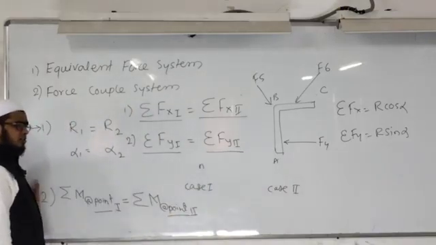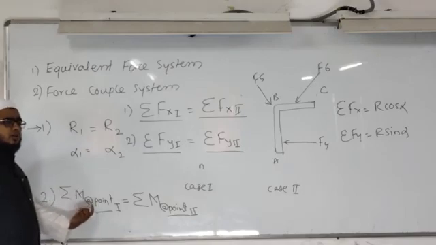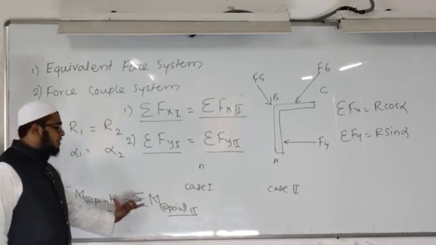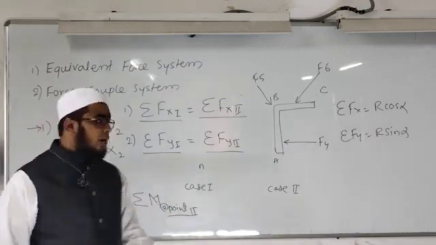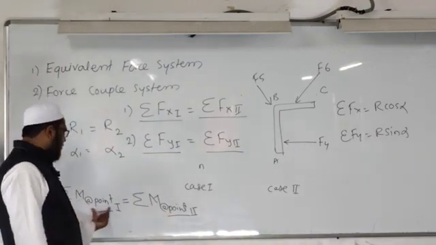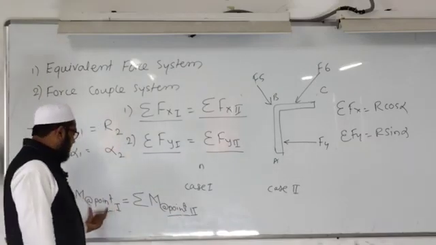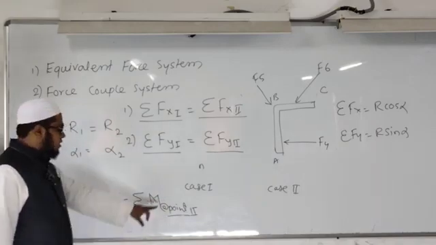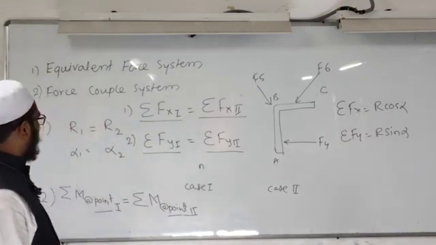And third condition, moment of the first force system about a particular point must be equal to the moment of the second force system about the same point. The point will not change. If you are considering point A, here also it must be point A. If you are considering C, then in the second case also it must be point C. These are the three conditions.